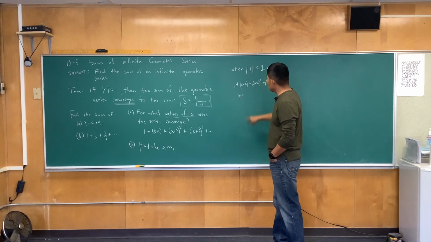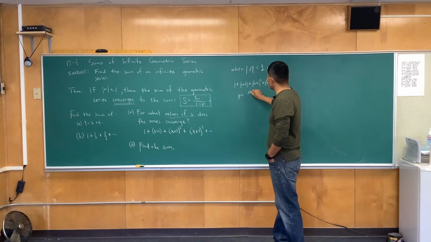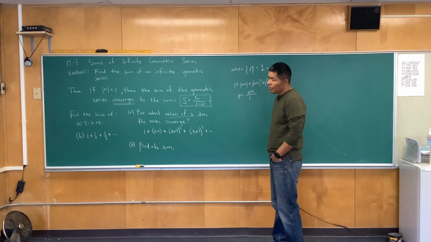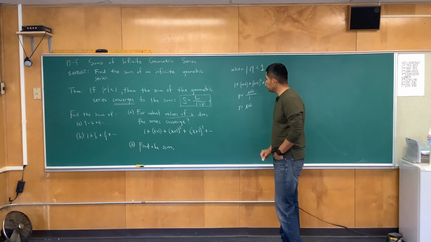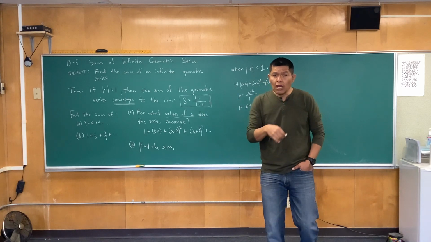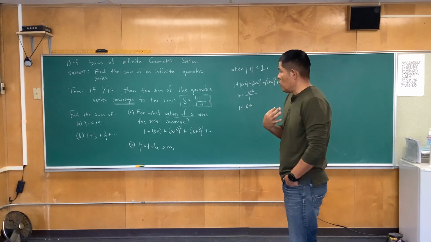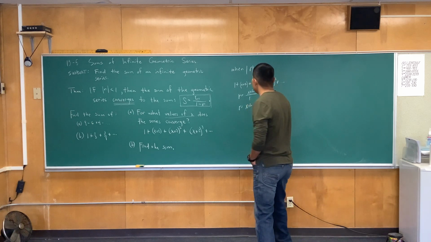So we take our second term and divide it by our first term: x plus 2 divided by 1. So r ends up being x plus 2. Now we know what our ratio is.